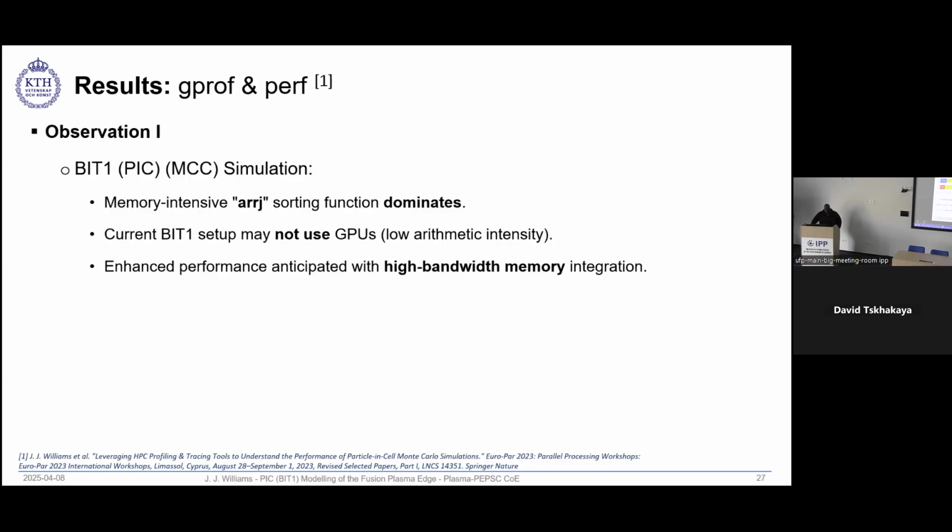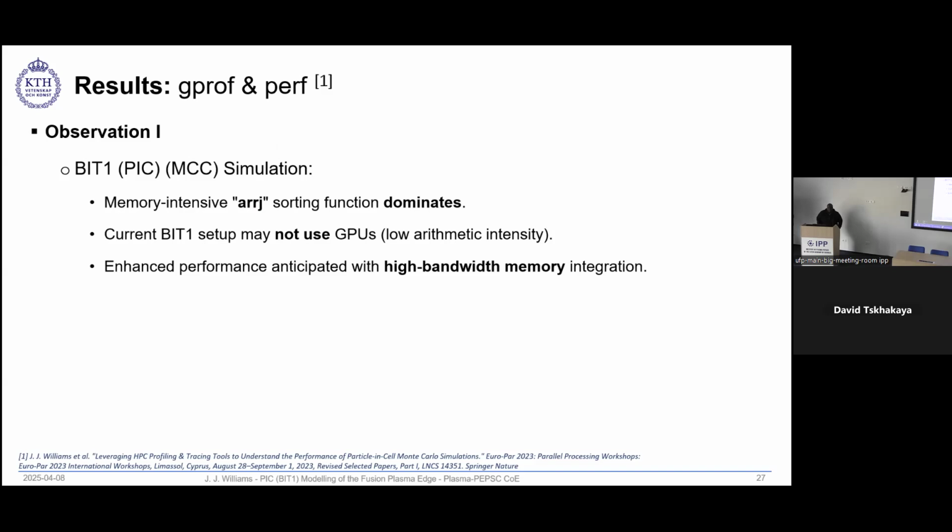Okay, so let's move on. What do we observe first? RJ, the sorting function, dominates. The current BIT1 setup didn't have any GPUs right away. And we noticed that we can have a high bandwidth memory integration if we enhance this code.